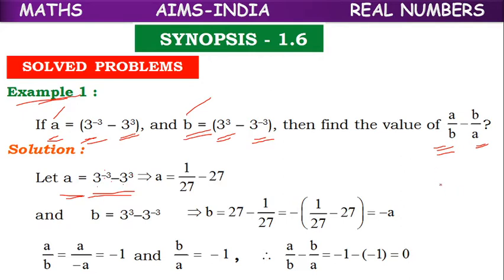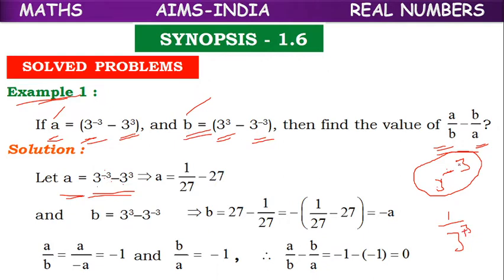So here 3 power minus 3 means we can write it as 1 by 3 cube, because if we have a negative sign in the exponent or power, then we can write it in the denominator and take the exponent as positive.